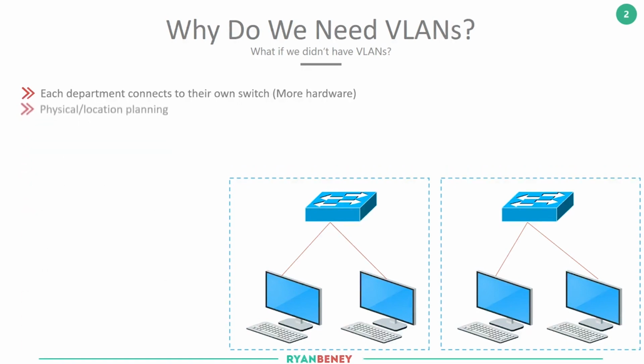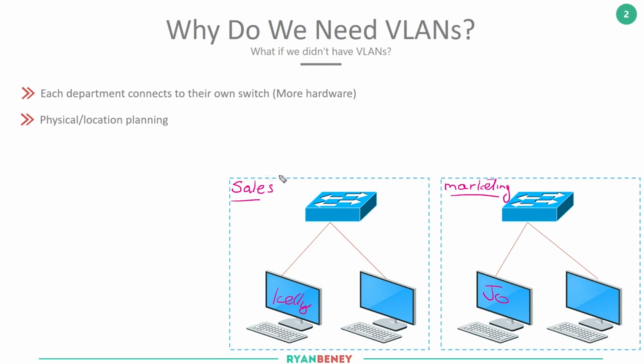So other challenges are the physical location and planning. For example, let's say we have our sales department again, and this time we have a marketing department. In the marketing department, we have Joe, and in the sales department, we have Kelly. Both of these departments are in completely different subnets.